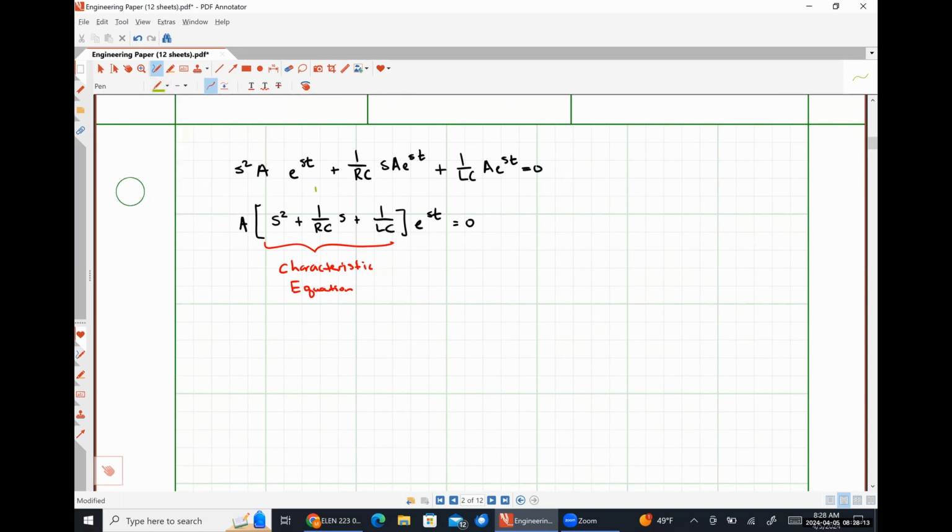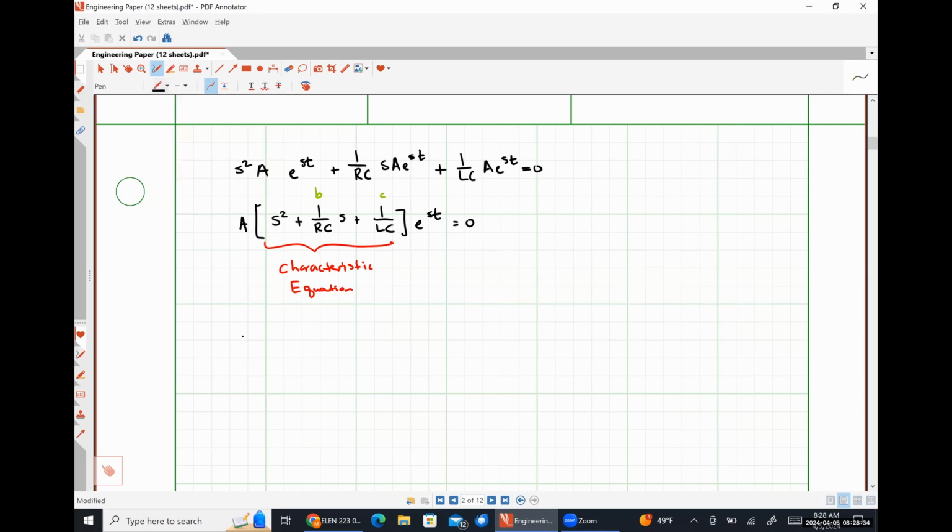I'm going to put a little note up here. So this coefficient of 1 over RC is going to be the B in our quadratic equation. This factor of 1 over LC is going to be the C in our quadratic equation, and the A in our quadratic equation is just 1, right?